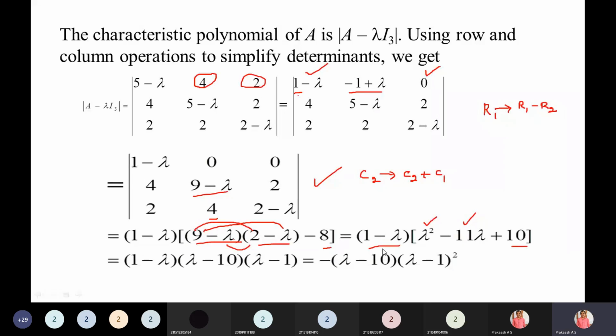So from that, I want to factorize this. To factorize, the product must be 10 and the sum must be minus 11. So what are the factors of 10? 1 into 10, 5 into 2 also coming. Okay, so only these factors.